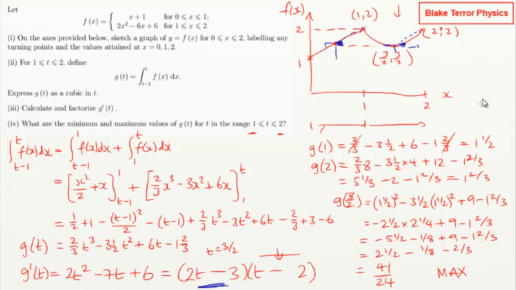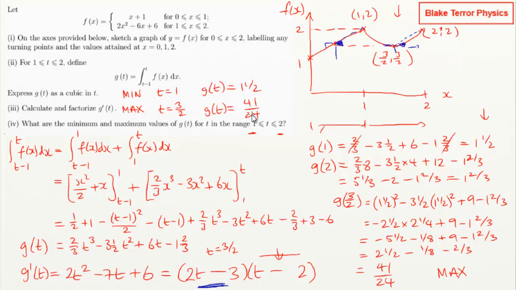And then the minimum one is going to be at 1.5, because it's got to be, isn't it? I mean, 1.5 is less than 1 2/3, so it's going to have to be that. So I'm going to get a minimum when t equals 1, and I've got that g of t is equal to 1.5, and then I've got a maximum when t equals 3/2, and g of t is 41/24.